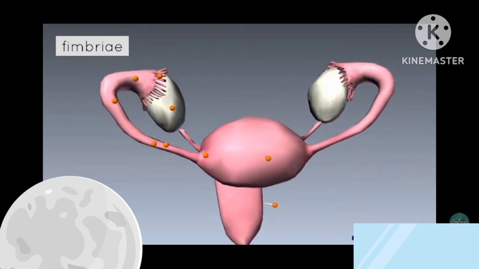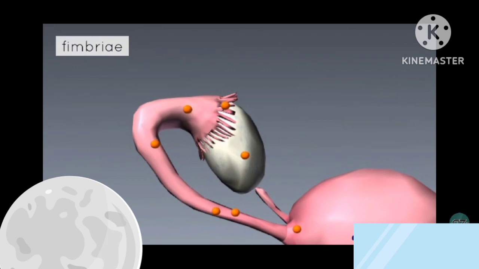So you can see these little finger projections coming off the distal end of these tubes, which are known as the uterine tubes. And these fimbriae are responsible for wafting the egg that's released from the ovary into the tube.